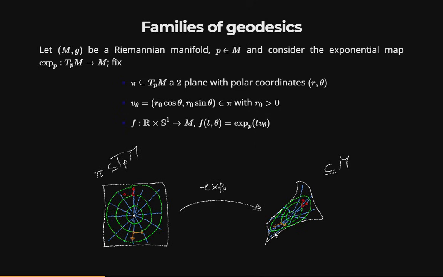The green lines go wherever they want, to some closed curves around your point. I've drawn them like approximate ellipses, but they are not geodesics. The only geodesics here are the straight lines through P.